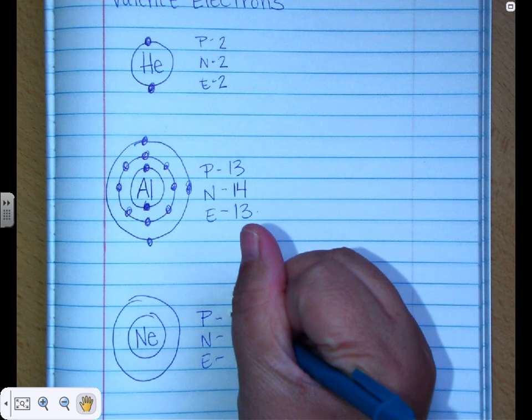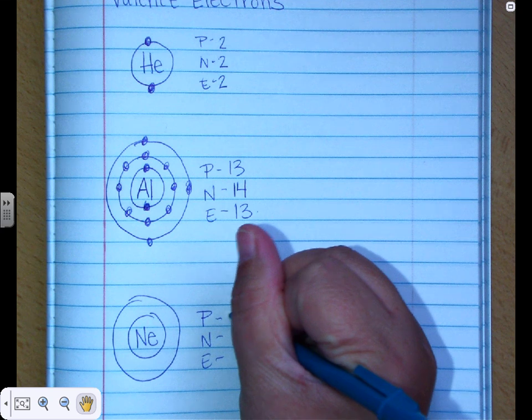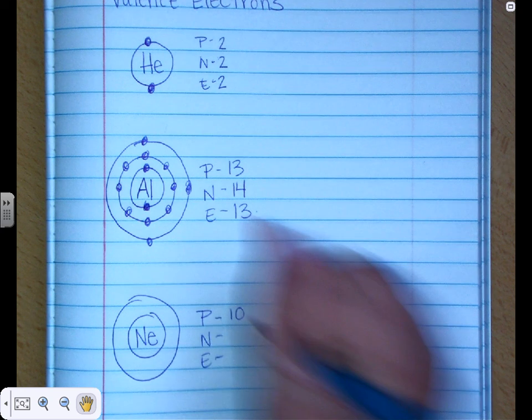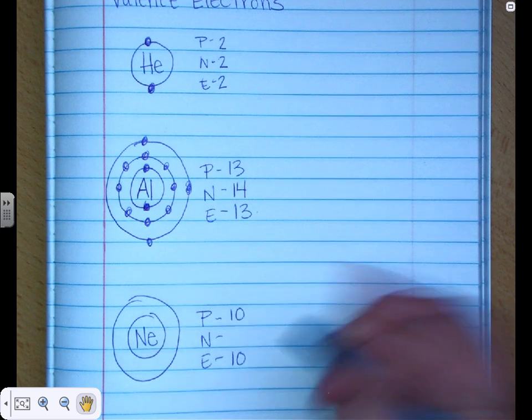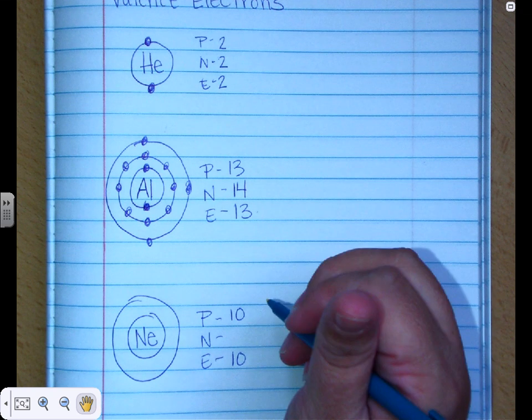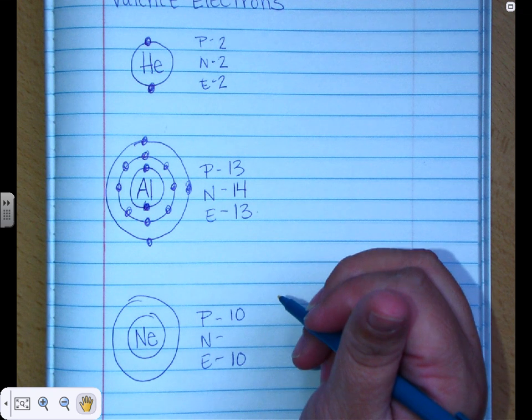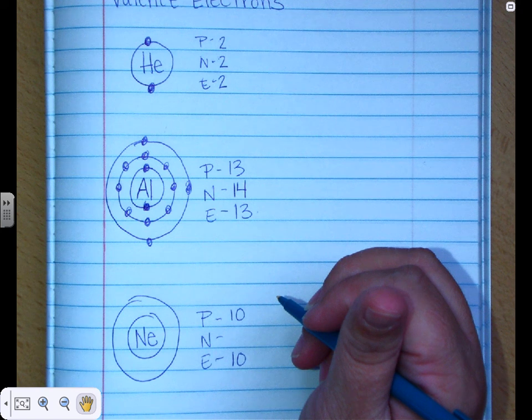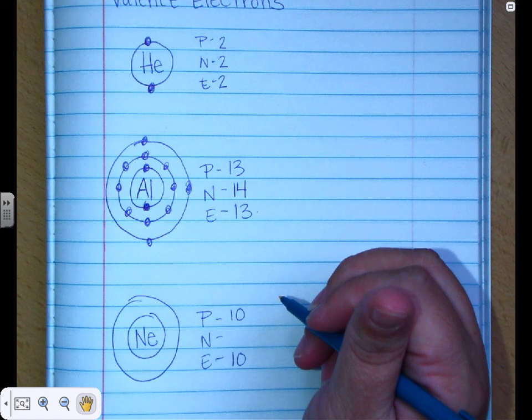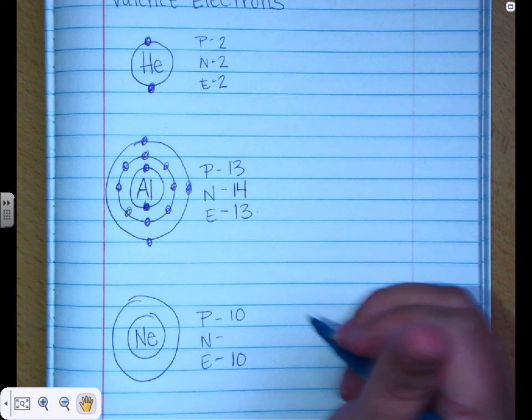And how many neutrons does neon have, Jewel? How many neutrons does it have? Jakari. Okay. Ernesto. 10. Because 20 minus 10 equals 10. Okay. Neutrons.